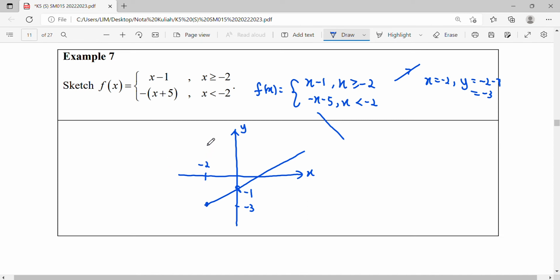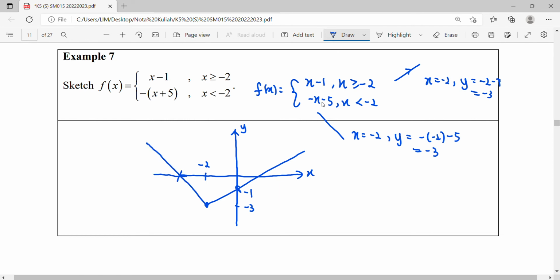It will go down until -2 only. So the last point of this graph occurs at x equals -2. So what is the coordinate? It will be -3. So here will be the last point of this graph, going down.